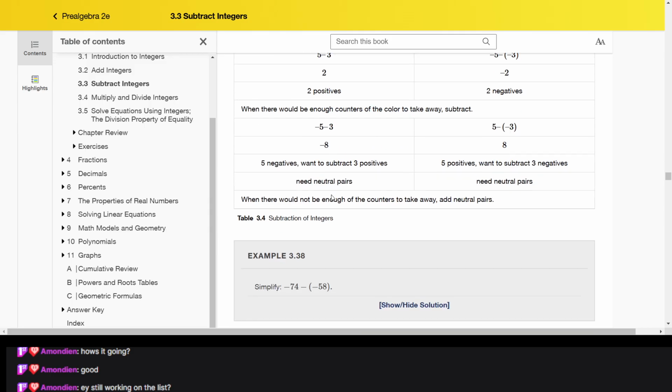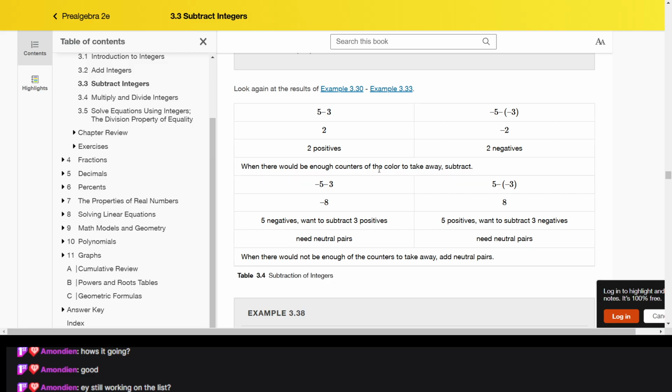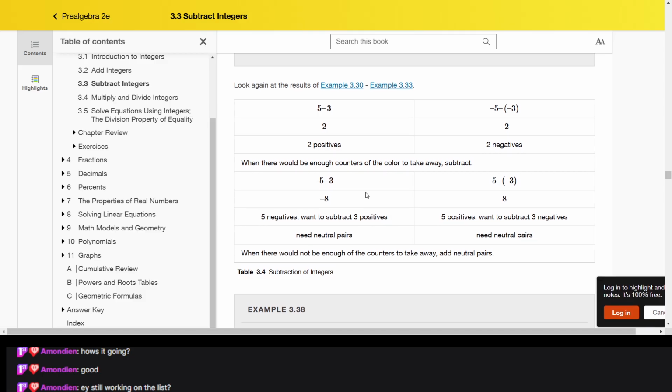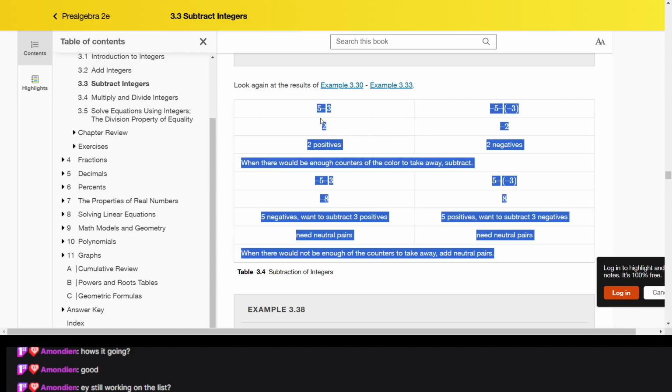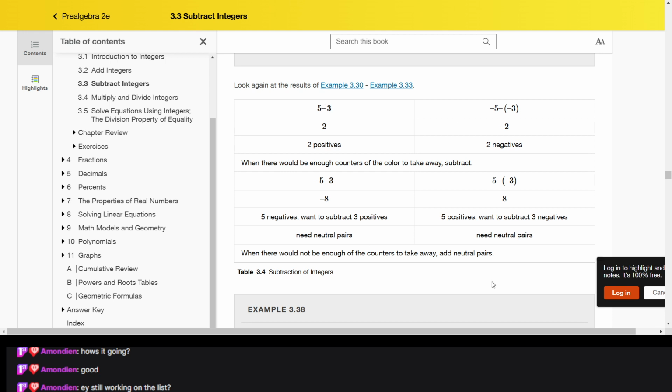What is this table? Oh, subtraction of integers? Okay. Oh wait, I see, it's just showing steps. I was like, what is this? It's like steps for this one and this one.